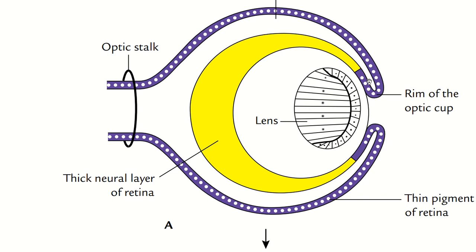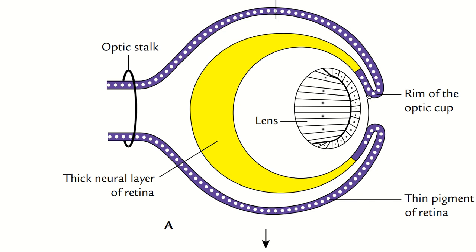So the anterior one-fifth of the inner layer, which is called the mantle layer, is actually called the pars caeca retinae. The pars caeca retinae is going to divide into two and form two layers of cells.